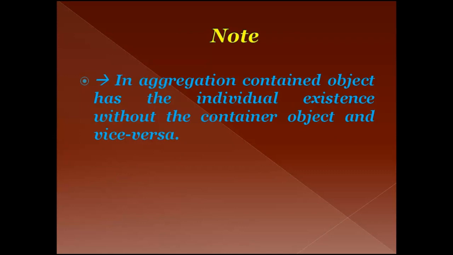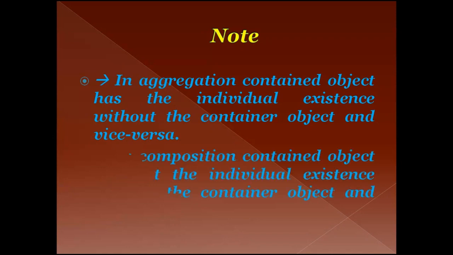In aggregation, this is a note for you: the content object has an individual existence without the container object, and vice versa. In the music player case, the music player is the content object and the car is the container object.